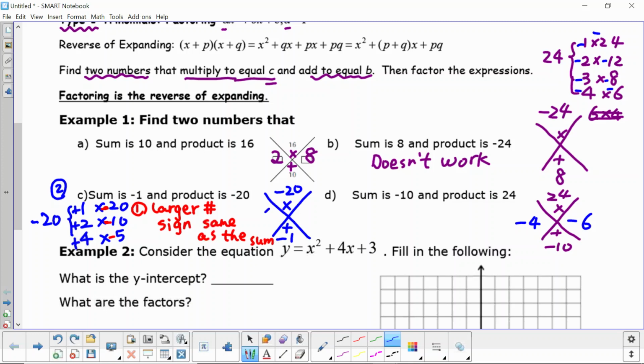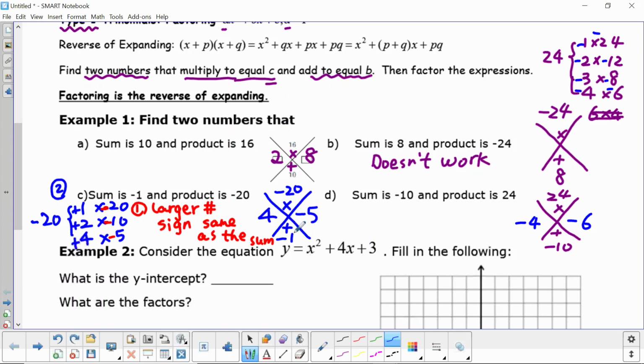So you have 4 and negative 5. And check again. 4 times negative 5 gives you negative 20. 4 plus negative 5 gives you negative 1. These two numbers work. So this is how you find the two numbers.